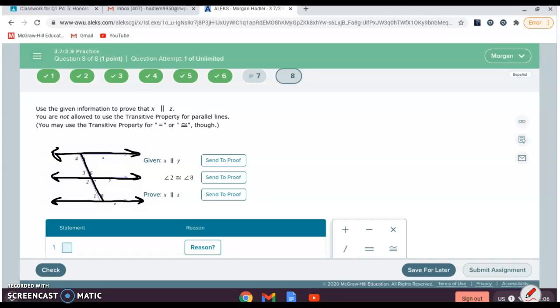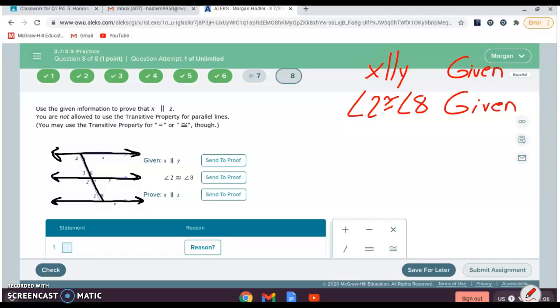You're given the information to prove that X is parallel to Z. So we know that X is parallel to Y. That's given. We know that 2 is congruent to 8. That's also given. So your two givens can go down right away. We know that X and Y are parallel, those two. And then we know that 2 is congruent to 8, and that's going to be these two.